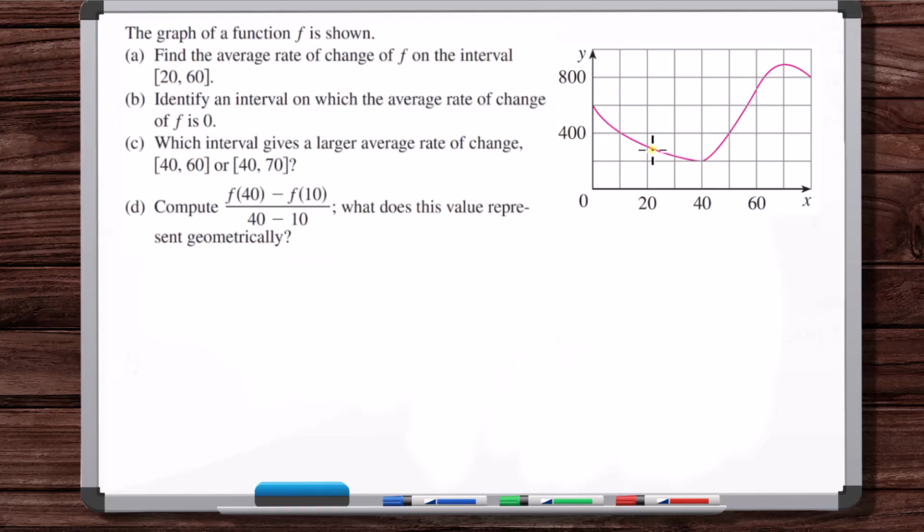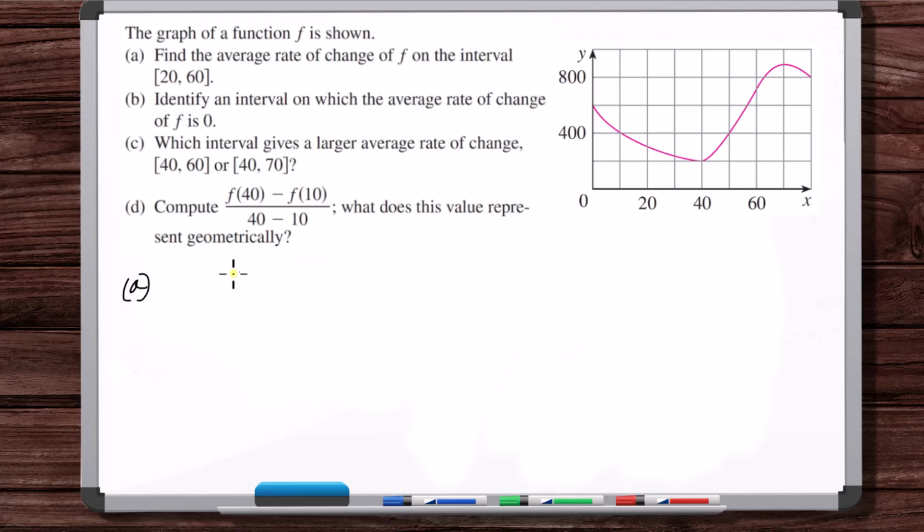So on average, what's the average rate of change over this interval from 20 to 60? Well, you get that by determining the slope of the secant line that connects the endpoints of the interval. So the slope of this line is the average rate of change of the function over this entire interval.